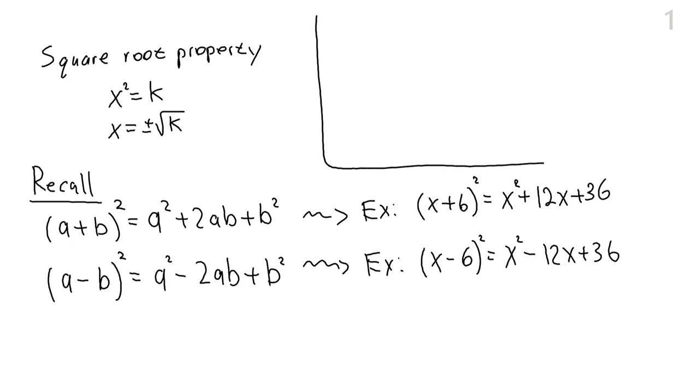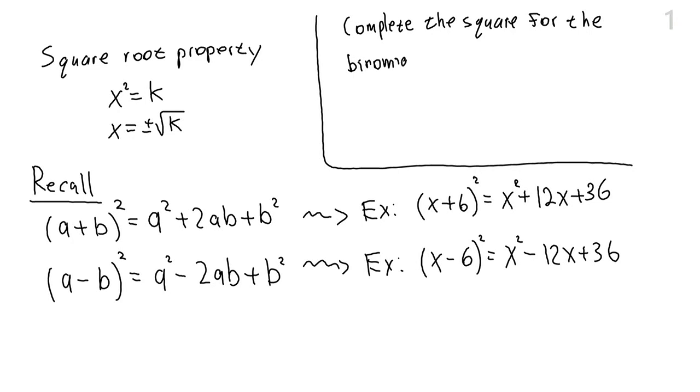So when we complete the square for the binomial x squared plus bx, we need to add b over 2 squared.